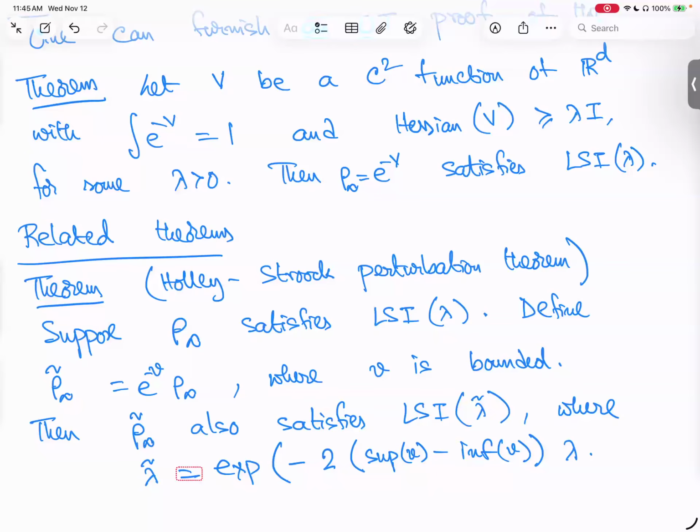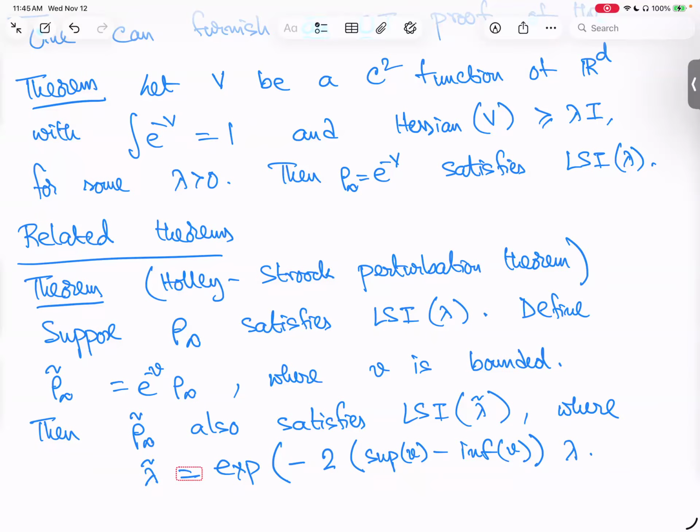The constant is affected by this bounded function in the way that you take the original constant lambda and multiply it by exponential of -2 times the supremum of v minus the infimum of v. Of course, this is the oscillation, the range of the function. If the function is a constant, this is 0, so you get back lambda. Otherwise, it has a negative effect on lambda.